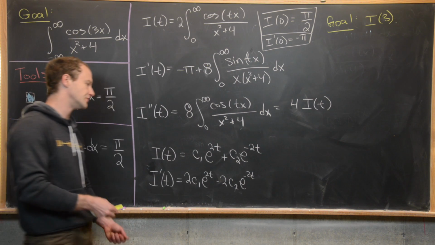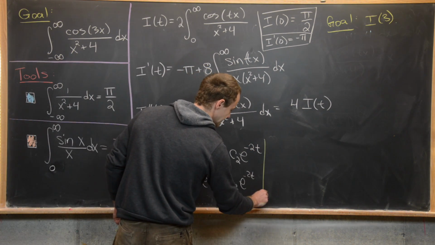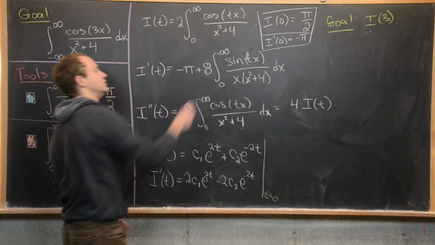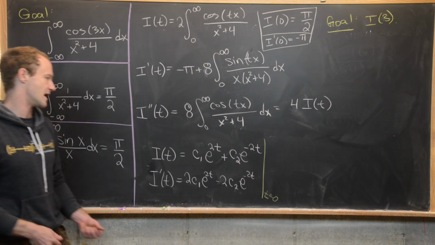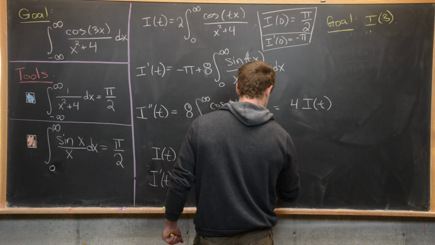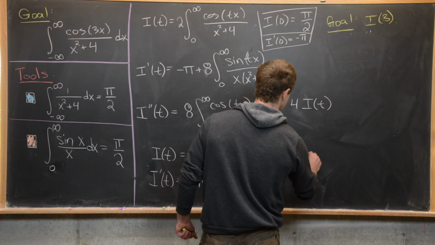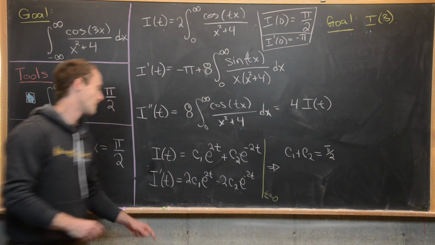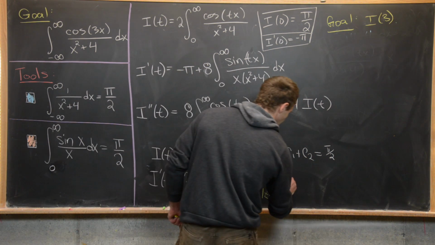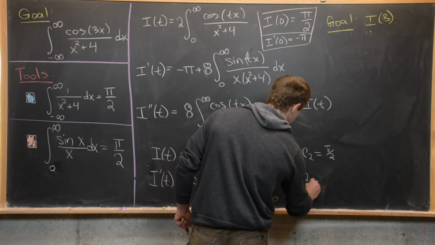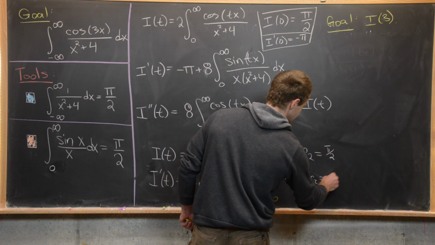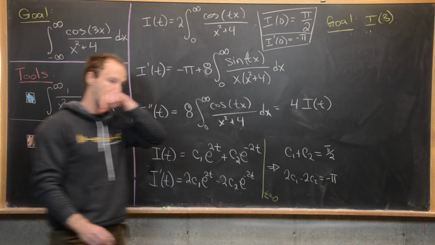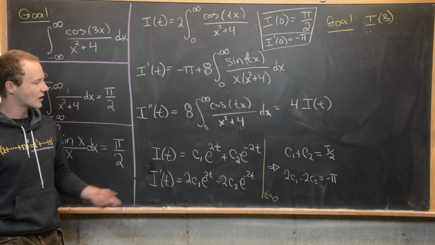Now what I want to do is evaluate each of these at t equals 0 and use our conditions, which we have up there. That's going to tell us that c1 plus c2 is equal to pi over 2. And then 2c1 minus 2c2 is going to be equal to -pi. So how can we solve this?